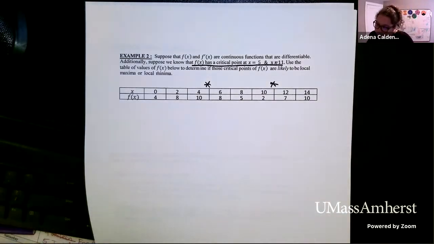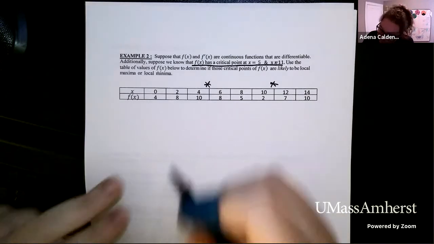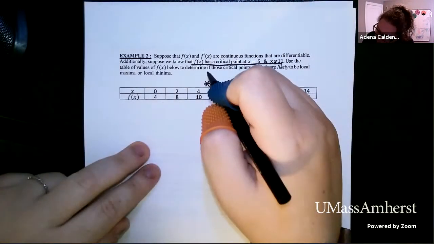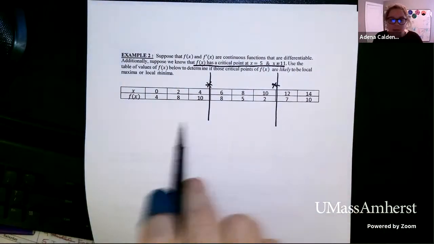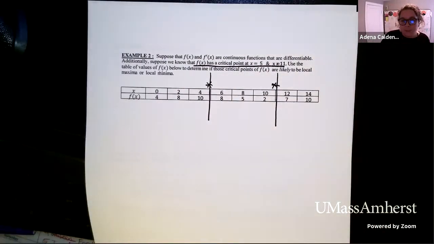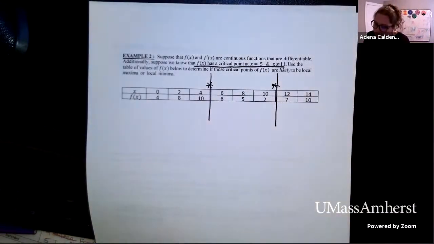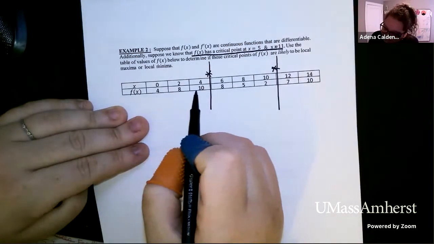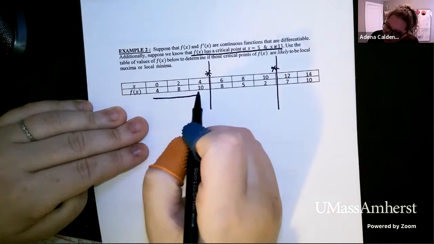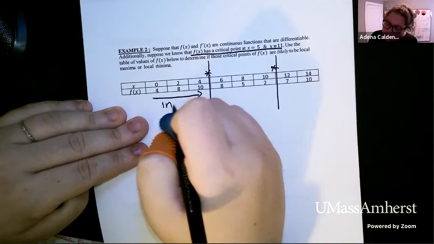Okay, so since we know that there's critical points at 5 and 11, we sort of have 3 distinct chunks of data, right? So we want to look at what's happening before 5 and after 5, before 11 and after 11. So when I look at these values, 4, 8, 10, those values are increasing.